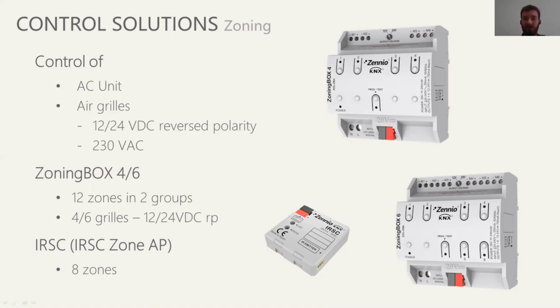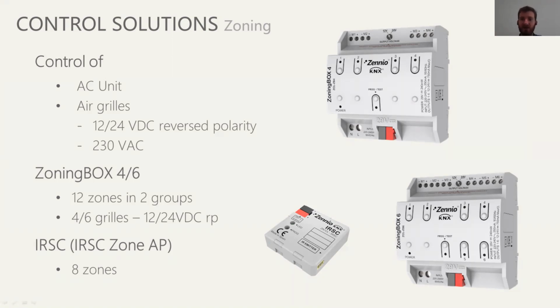Each group is actually one AC unit. So say you have one AC unit giving heating or cooling to 4 different rooms, that would be 4 zones in one group. And then you have a second AC unit giving cold or hot air to 6 different rooms, that would be a second group with 6 zones.